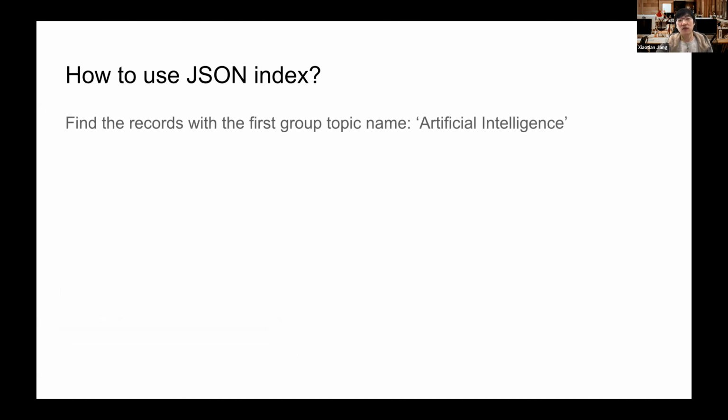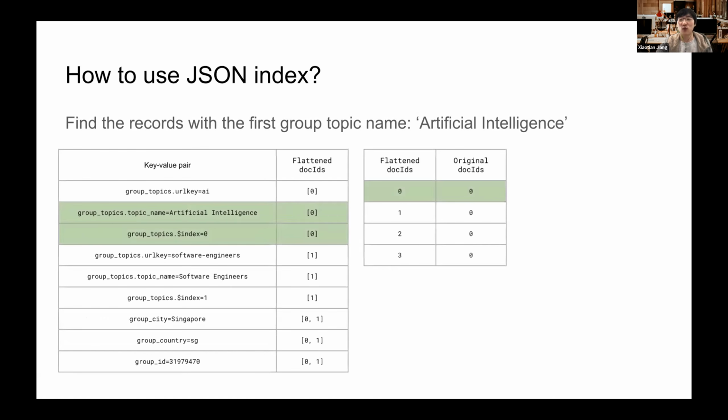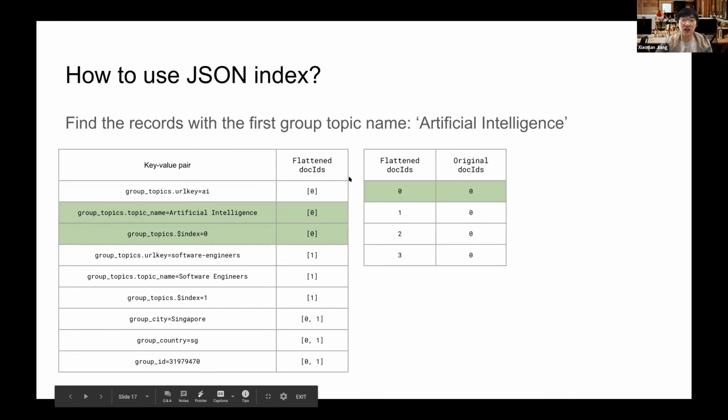Another example: I want to find the records with the first group topic name, artificial intelligence. Here, we need to use the array index info. We need to look at 2 things: one is the topic name, artificial intelligence, and also the index, which is 0. Here we found 2 key value pairs, so we found 2 sets of flattened doc IDs.